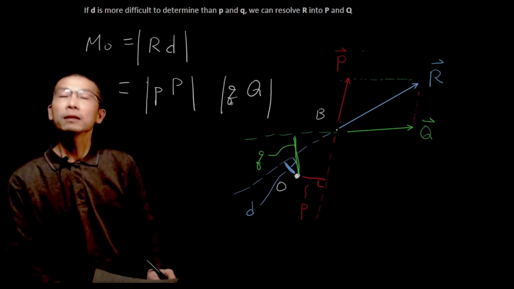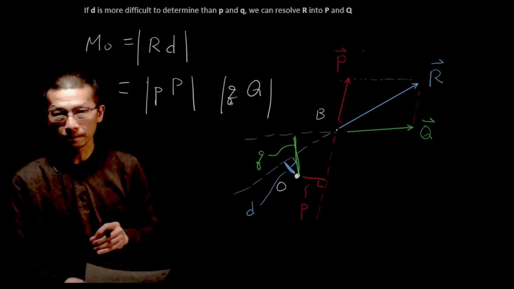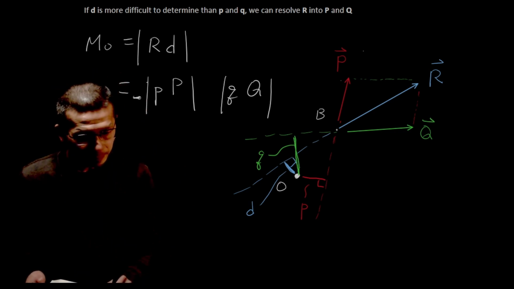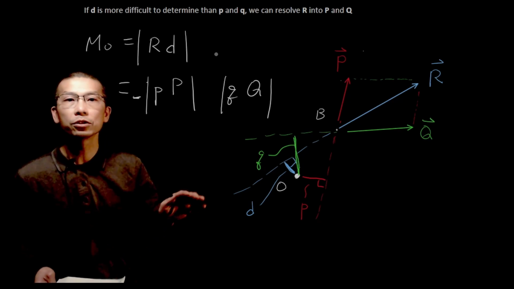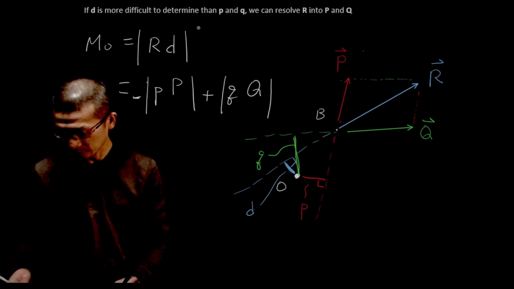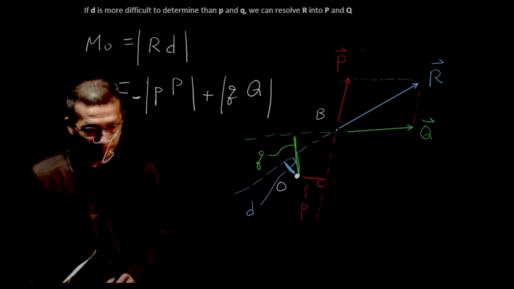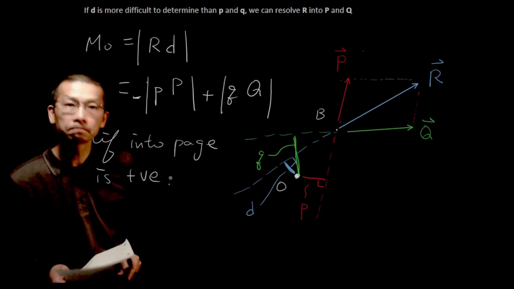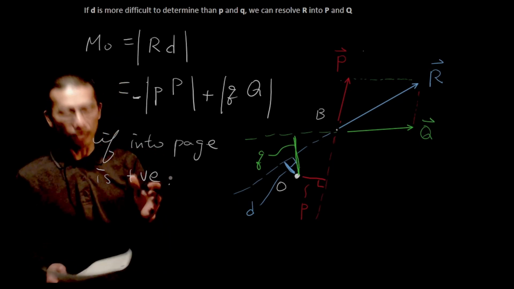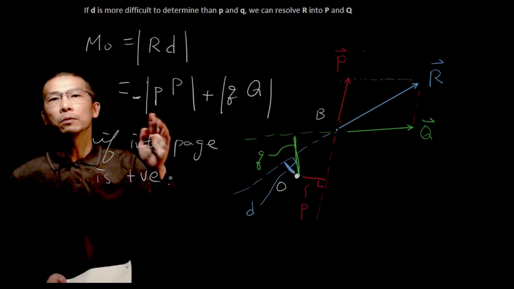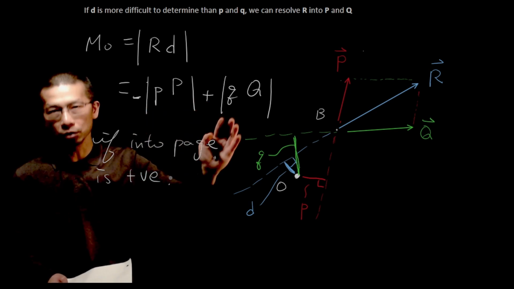So here I'm saying into the page is positive. So in this case, P will be negative. Q, let's check, will be positive. And be careful, if into the page is positive. So the moment due to P will be negative, the moment due to Q will be positive.